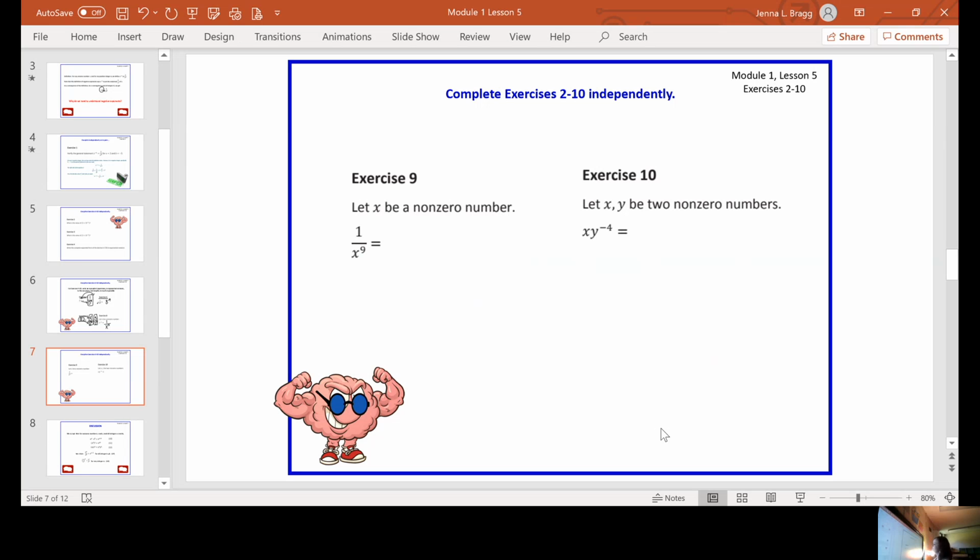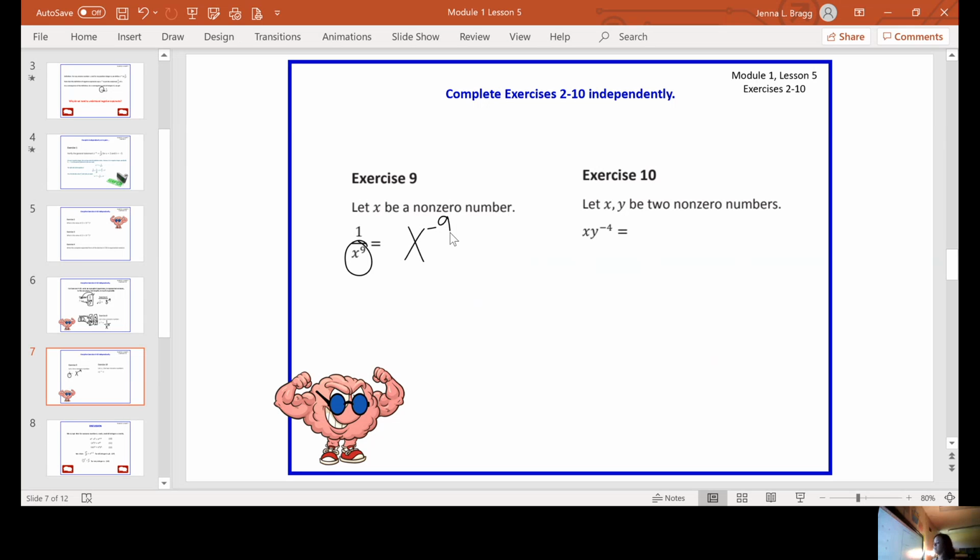All right, you should be finished by now. So I start out in exercise 9 with my base and exponent in my denominator. I want to write an equivalent expression, so I just go backwards again. I would get x to the negative 9th power.